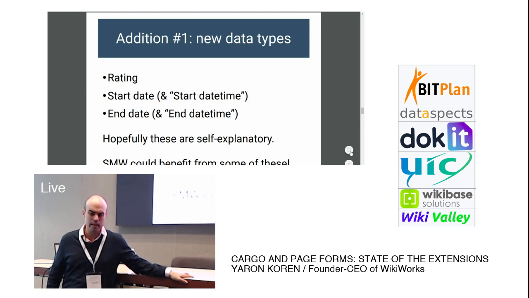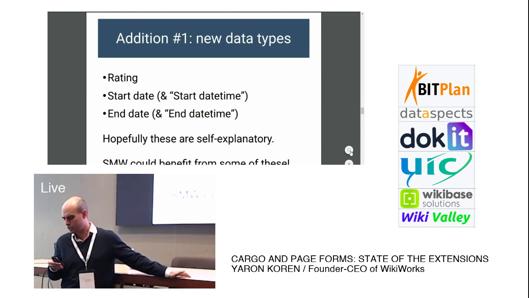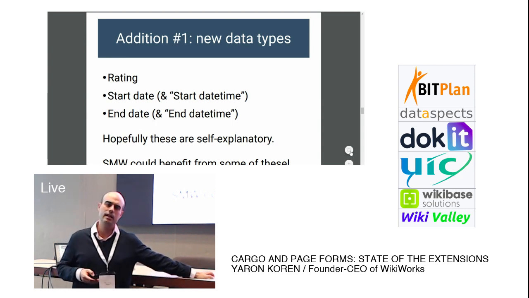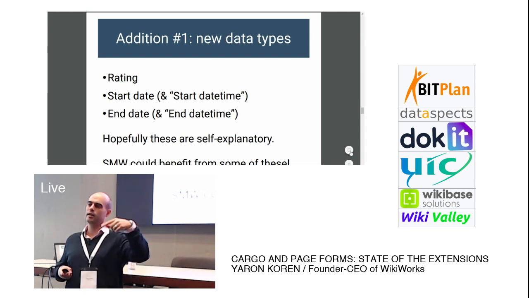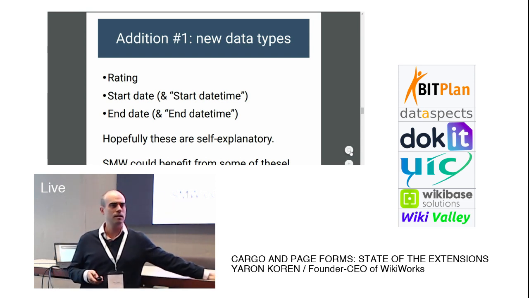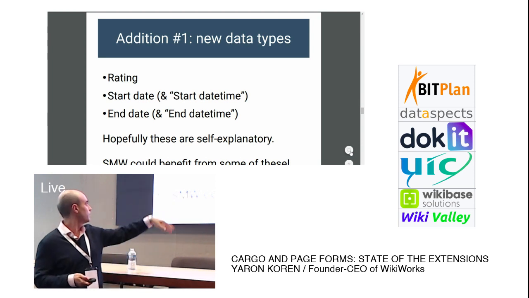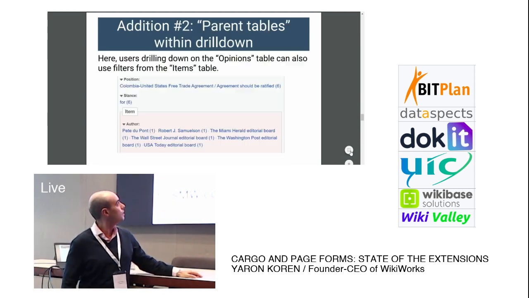Rating is for ratings. Then there's a start date and end date. I think actually Semantic MediaWiki could benefit from that. Being able to say this specifically is a start date for this event, and this specifically is the end date, allows a bunch of things like validation when you're typing into forms. It can make sure the end date comes after the start date, things like that. And then there's the same for datetime types.